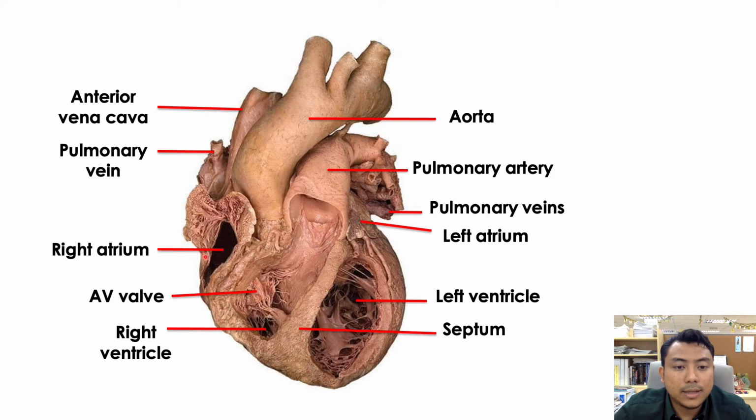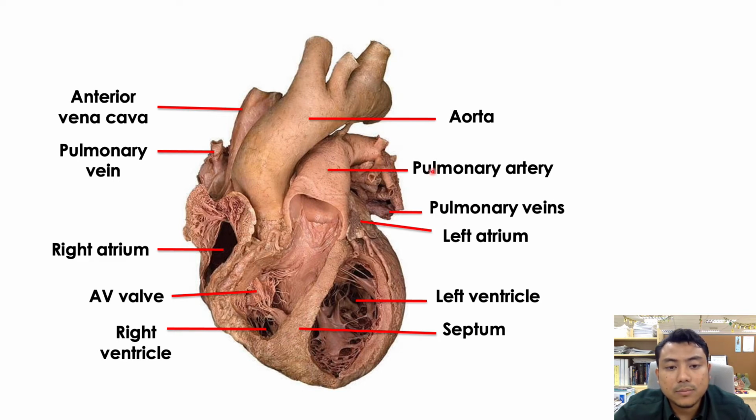And so this is the right atrium over here, and behind there is the left atrium. Being covered, okay, not visible under here. AV valve, okay, atrioventricular valve, and this is the right ventricle over here, this whole entire chamber, and this whole entire chamber is the left ventricle, and we have the septum separating the left and right part of the heart.